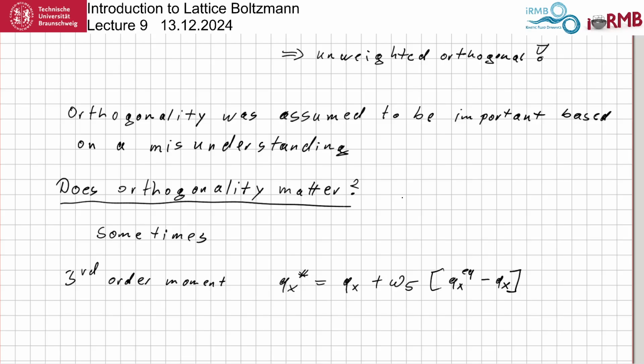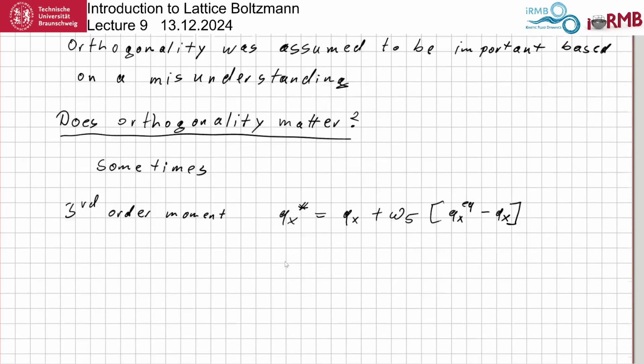So is this giving us any different answer, if we relax the countable moment? That's the question, because if they give the same answer, then there is no reason to make this orthogonal. So let's have a look what this actually means by writing it in terms of countable moments.